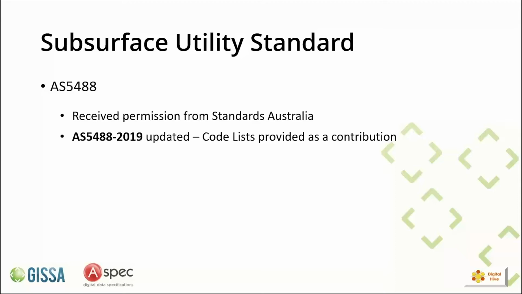Okay, so AS5488. I'm not sure if many of you are familiar with it. It's an Australian standard for subsurface utilities. What it does is identify the method that you've used, and there's a quality level scale, A, B, C, or D. So it's the method that you've used to determine that there is an asset below the ground.